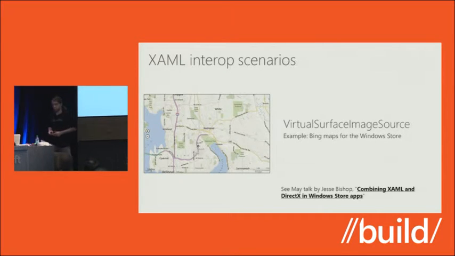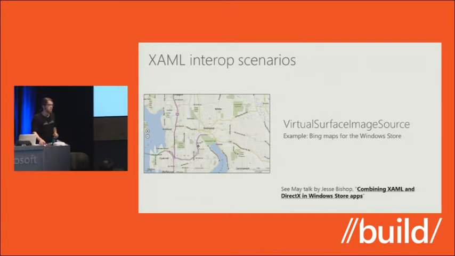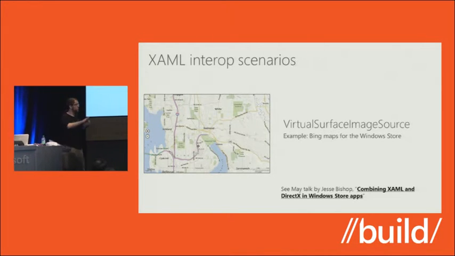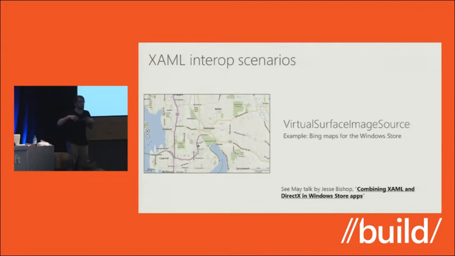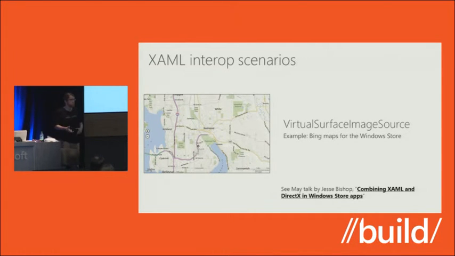And then the final scenario where you can use XAML with DirectX is, let's say you have this huge image. Bing Maps utilizes this scenario. They have this huge image that represents the map of, say, the world or the United States. Well, now you want to view it one tile at a time, and you want that to be fast. Oh, and by the way, you don't want to create everything from scratch using DirectX and C++.